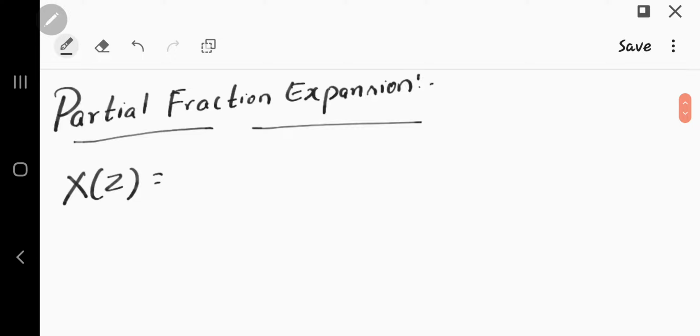Now while applying this, you need to remember some standard Z transforms. That means you have to remember the Z transform of the signal like alpha n into u of n, and you have to remember the region of convergence.